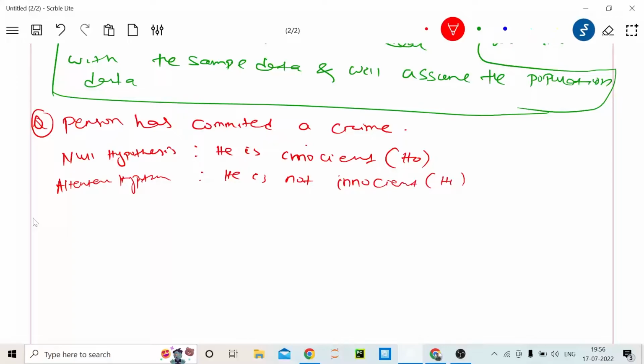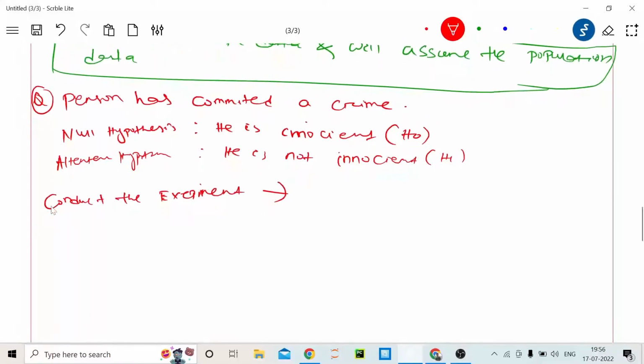After that, we conduct the experiment. What is our experiment? The experiment is like collecting evidence.